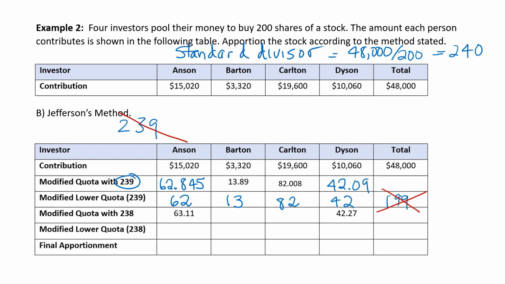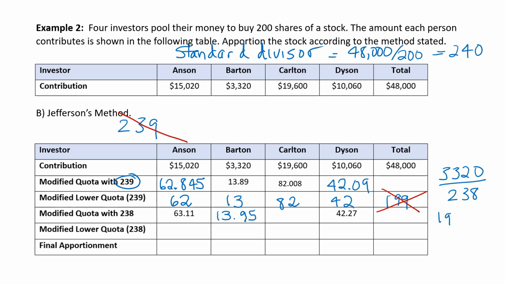So let's try this again with a modified divisor of 238. We want the final result to be a little bit bigger, so we'll make the divisor a little bit smaller. In your calculator, let's do 3,320, that's for Barton, and divide that by 238. I got 13.95 in your calculator. Let's do this for Carlton.